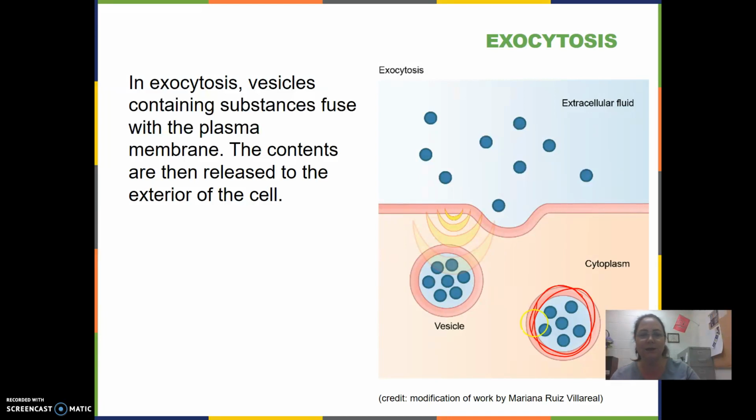And so the vesicle or vacuole moves toward the plasma membrane, fuses with the plasma membrane, becomes part of the plasma membrane, and ejects or secretes its product outside of the cell so it can get to the rest of your body. Oh, and so that is it for the Chapter 5 lecture notes.